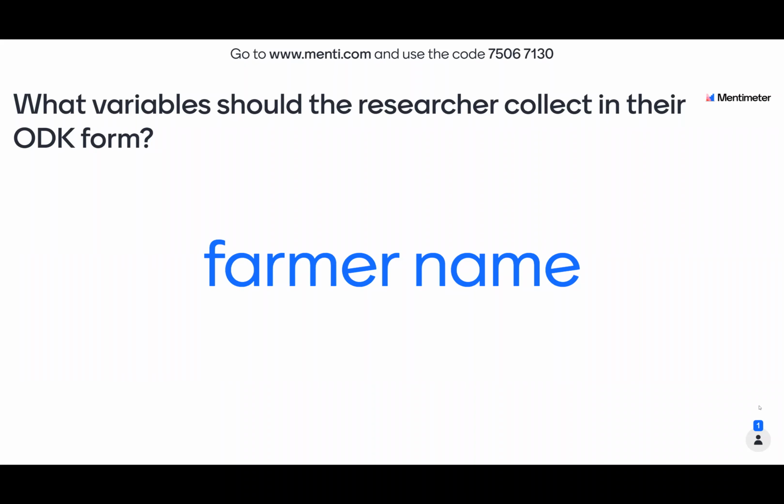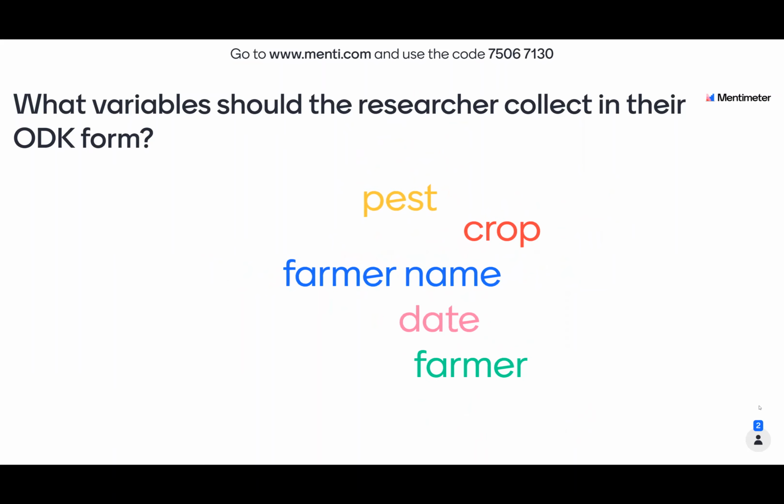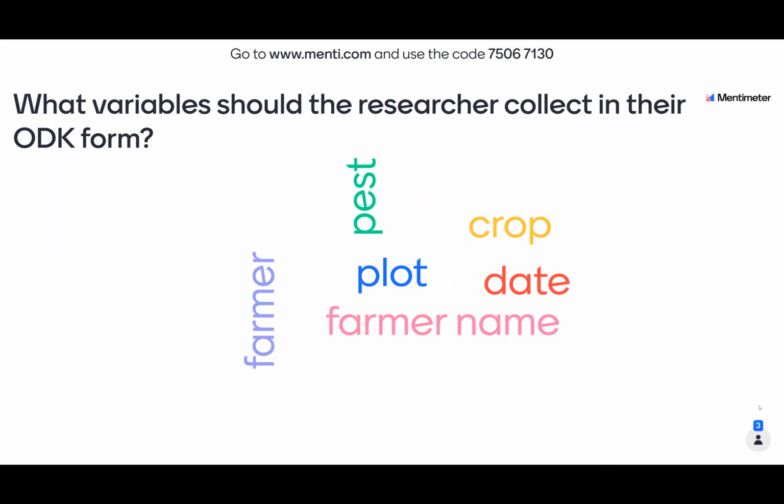Tell me if you're having problems. Pest, crop, date, and farmer. Thank you. More. We've got 2 people, me as 1, and 1 contributor. Let's see if we can get this to at least 10.